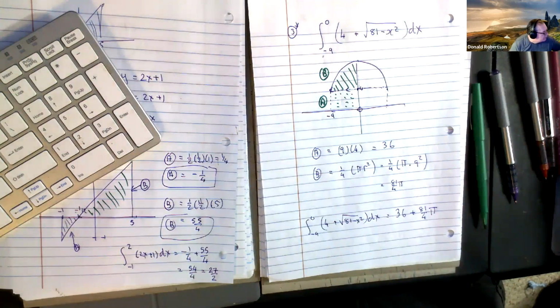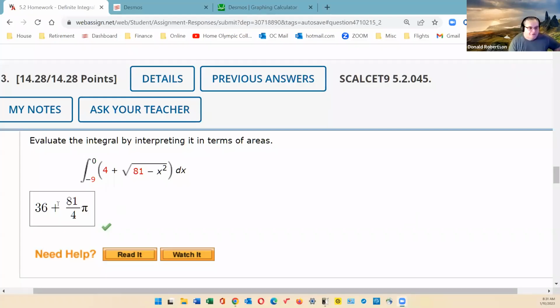If you get what you expect to get. There. Now, just to convince you, which is what I was doing a moment ago, that we have in fact found the right answer. Can you see it here? 36 plus 81/4 pi. That's what we expect you to write down when you give your answer inside WebAssembly.